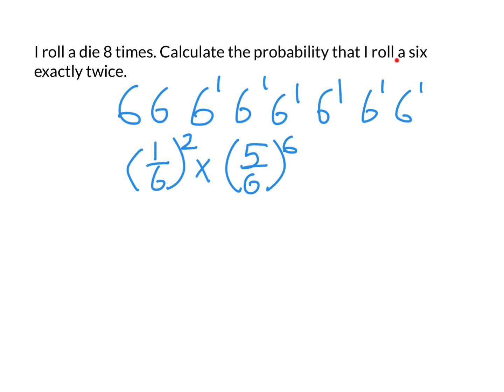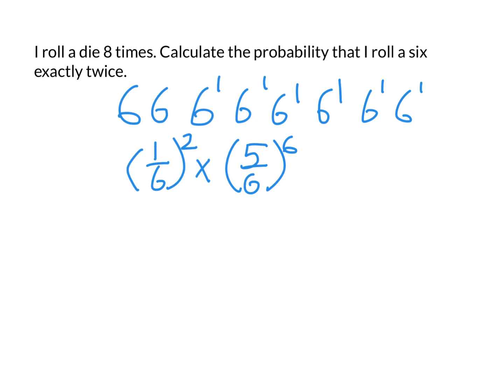If I want to know the probability I roll a 6 exactly twice, this isn't the only way it could occur. I could get 6 not 6s and then 2 6s. I could get 6 not 6, 6, and then the rest not 6s. It's getting hard to say, but how many such combinations will there be? How many ways can we have 2 6s and 6 not 6s?